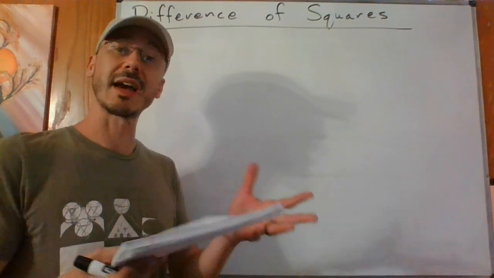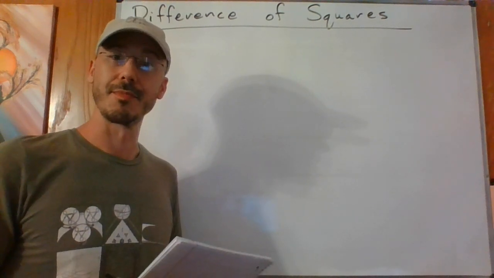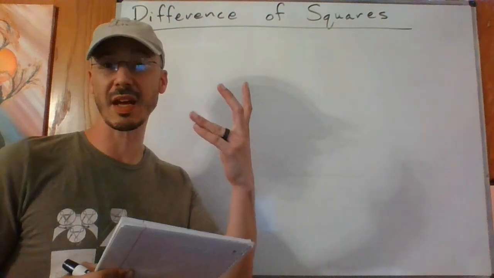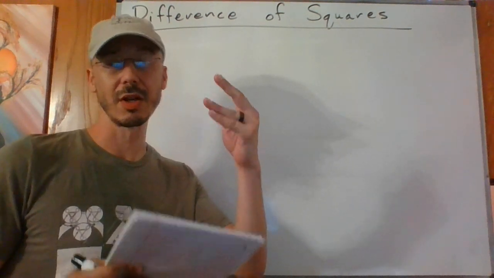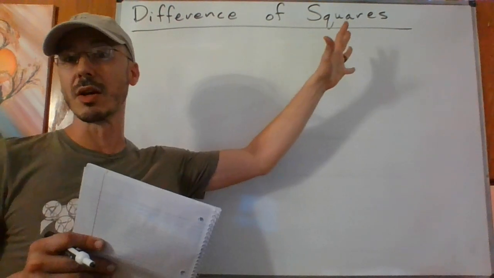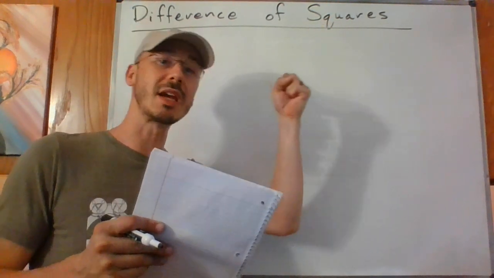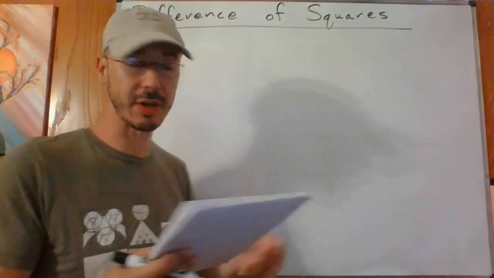Also, x squared is a square. In fact, x to the 4th is a square because x to the 4th is x squared squared. So squares are a variety of different things, but they're all the same thing multiplied by itself, whatever it is.